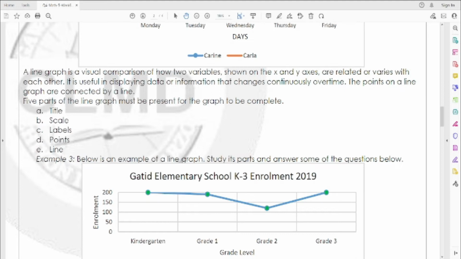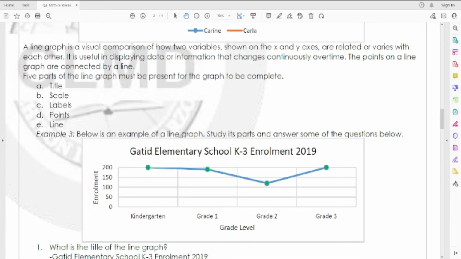Example 3. Below is an example of a line graph. Study its parts and answer some of the questions below. The title of this graph is Gatid Elementary School K to 3 Enrollment 2019. The vertical axis is enrollment, with an interval from 0 to 50.